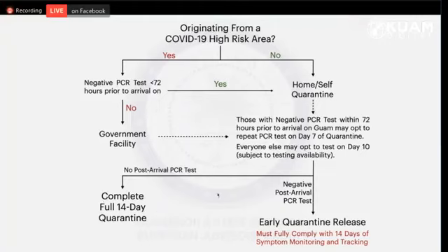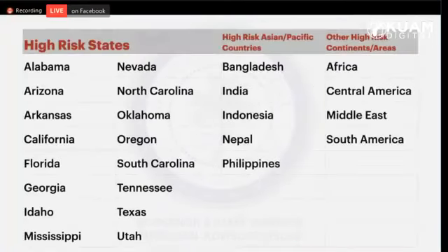The last remaining part of this would be to define which are these high-risk areas. This here is the list we have discussed and decided on. We have decided to list not just countries, as you were familiar with from previous hotspot designations, but now we have included U.S. states that are high risk.